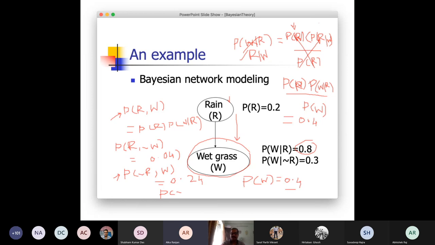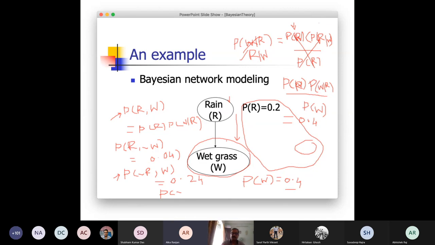With this kind of probabilistic observations, you can see that when you see wet grass, the probability of rain actually is lower than the probability of not having rain. Anyway, this is the kind of inference you can draw with this kind of model.